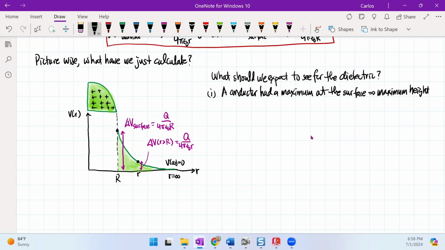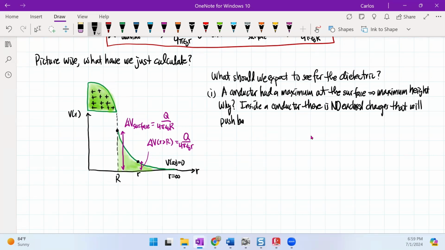Now, the question is, why is that a maximum? Inside a conductor, there is no enclosed charge or charges that will push back on you.